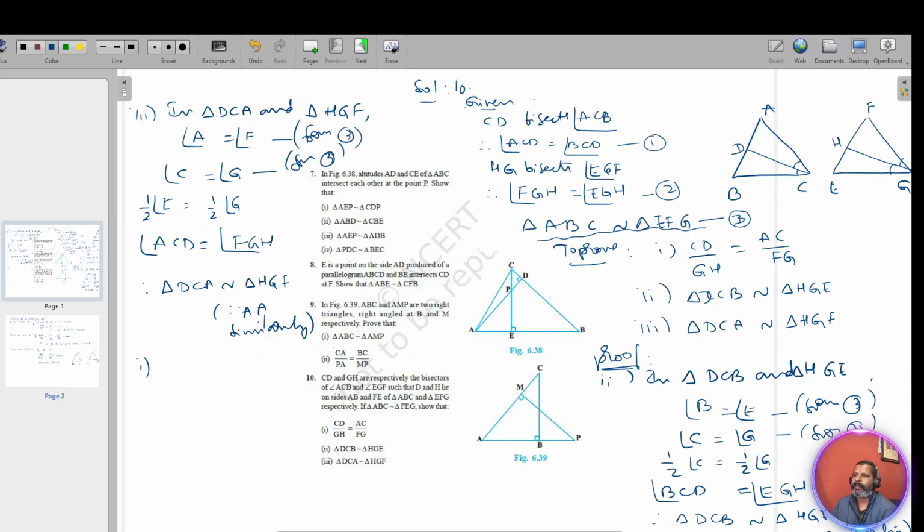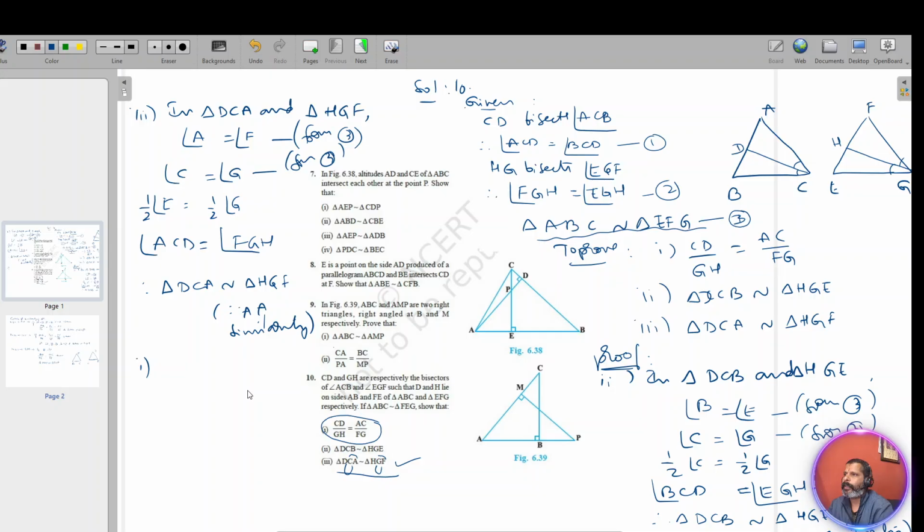Coming back to the first one. What is asked? Please observe what we want to prove. Since we proved this, CD by GH equals AC by FG. That's the reason I told you in the beginning that we are not proving the first one first. Now we are proving the first part. We just write what was proved above: triangle DCA is similar to triangle HGF.